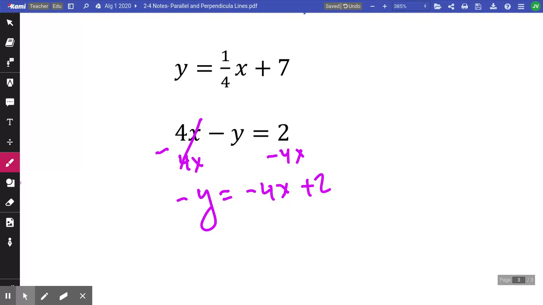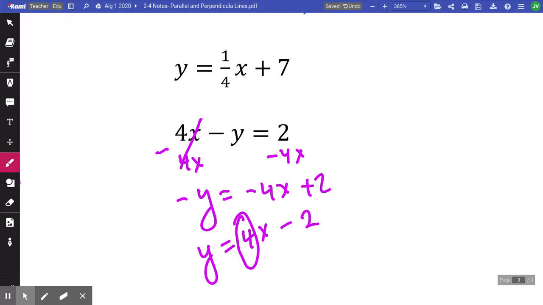I will solve for y because I don't need the negative y, I need the positive y. So I can divide all the terms by negative 1. I get y equals negative 4 divided by negative 1, which is positive 4x, and then minus 2.